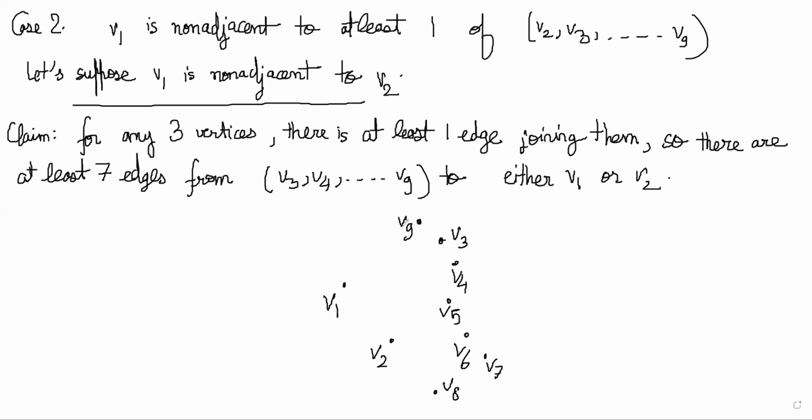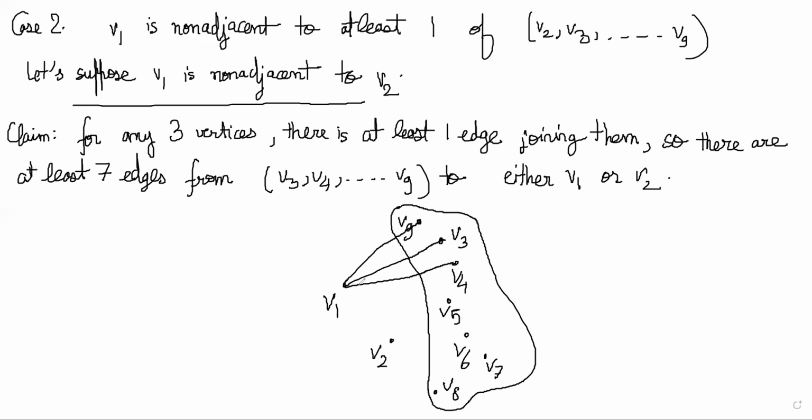V1 is connected to all of them, because we supposed it is non-adjacent only to V2. So we have connections like this from here.